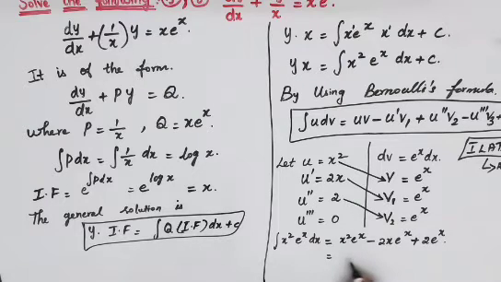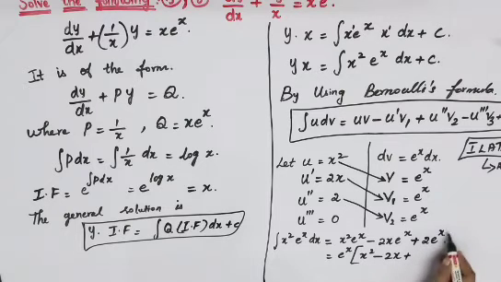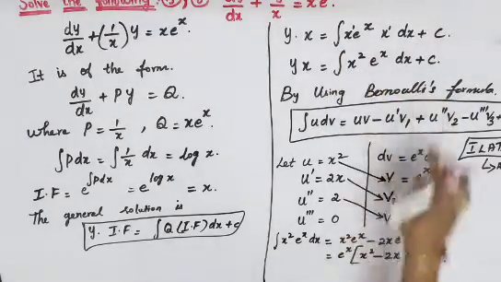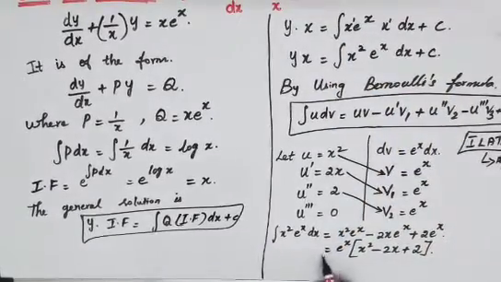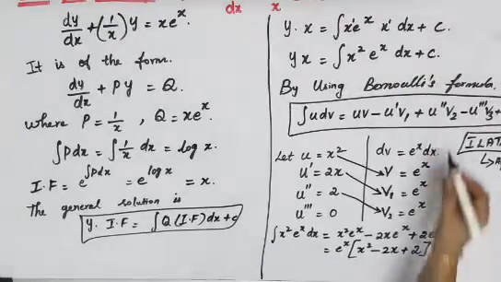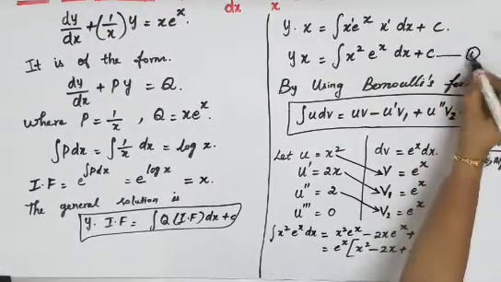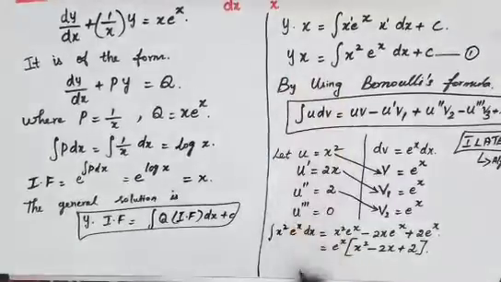The next line is, you can take e power x outside, as e power x is everywhere. Taking it as a common factor, you will have x square minus 2x plus 2. This is your right hand side answer for this integral. Now you will have to substitute this value in your equation 1. Your left hand side is yx.